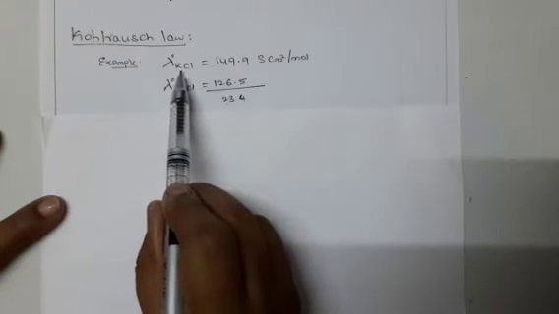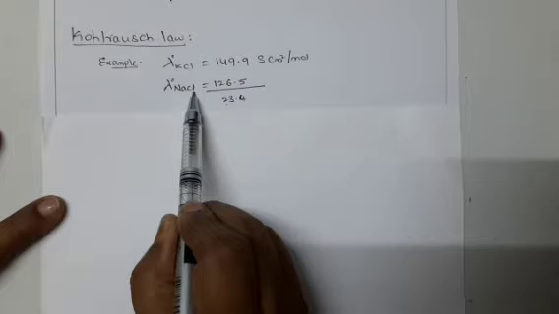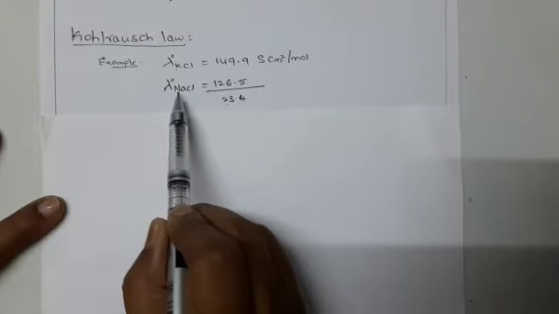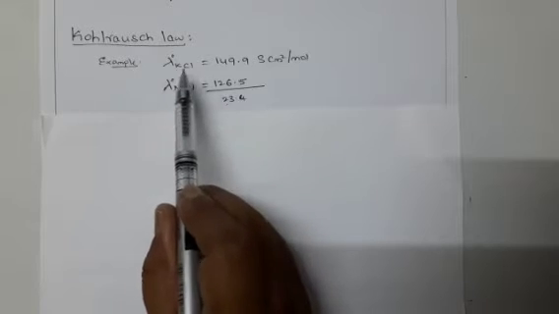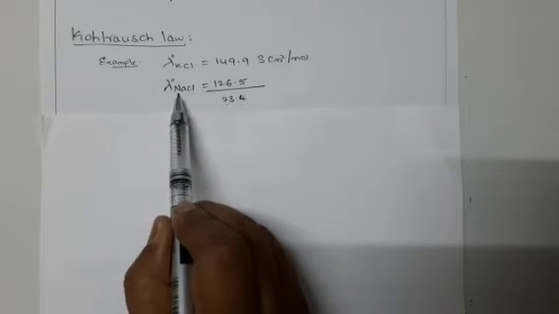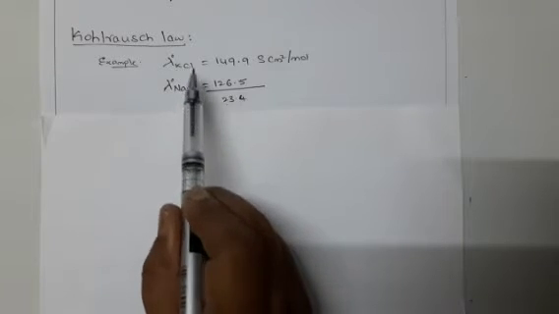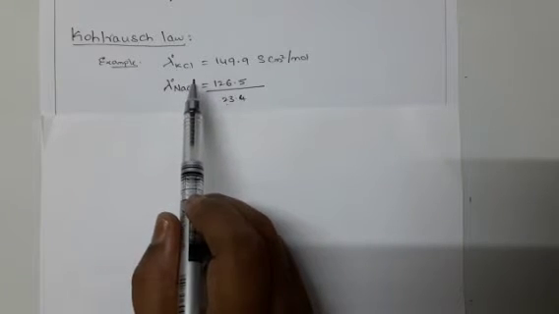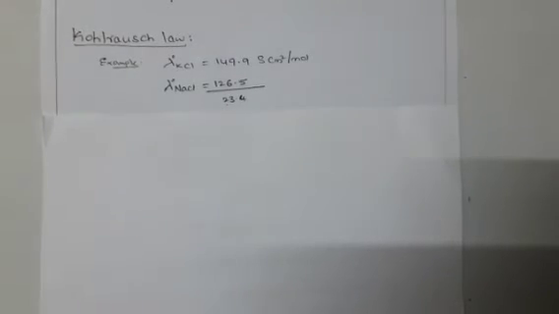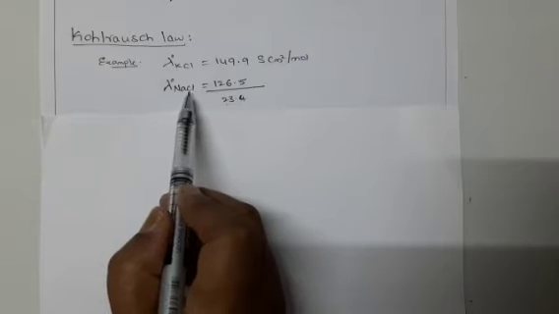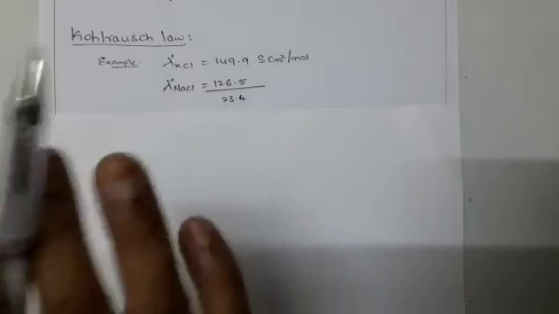In KCl, this is cation and this is anion; in NaCl also. In this case the cations are different: here K is there, here Na is there, but the anion is the same. The difference is 23.4. Then he changed the anion but kept the cation same.